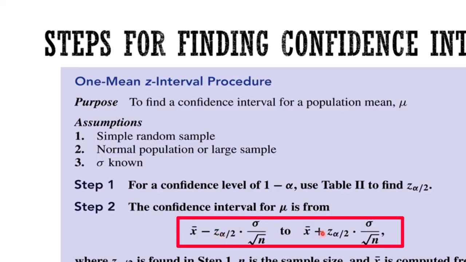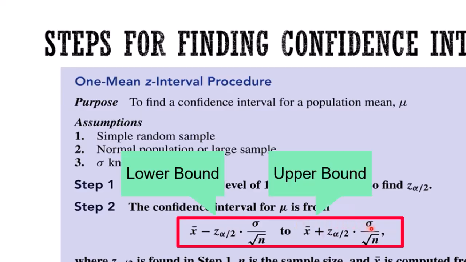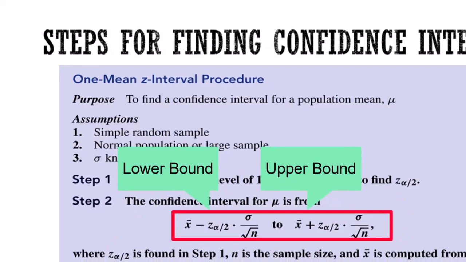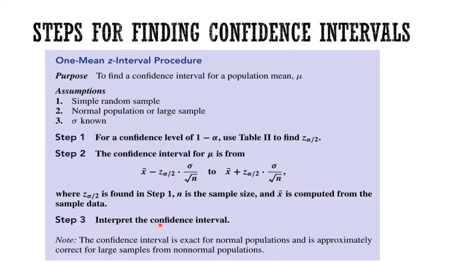So these two, which are essentially the same formula except one has a minus in it and the other one has a plus in it, will give us the two endpoints of our interval.